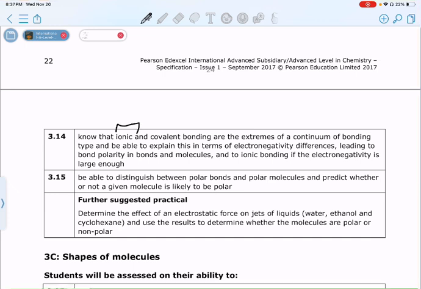If you look at the electronegativity difference between two substances, let's say NaCl, if it's greater than 1.5, it will be ionic bonding. Okay, ionic bonding will take place. If the electronegativity difference is less than 1.5, like in O2 or N2, it'll be covalent bonding that'll take place. Okay, that's basically what we need to know from there.